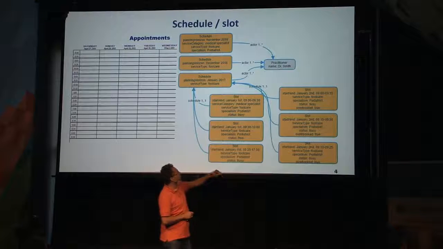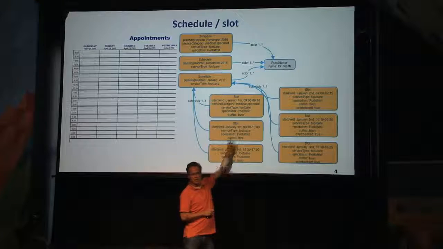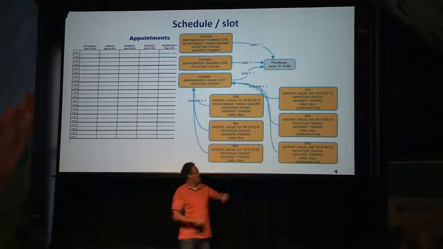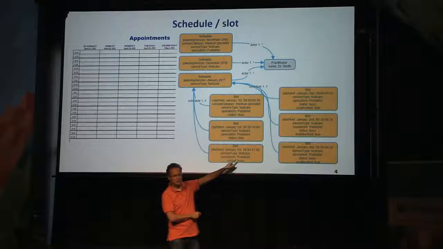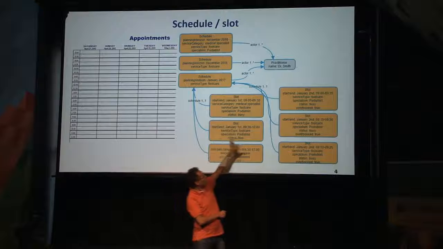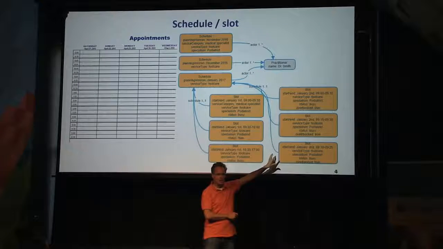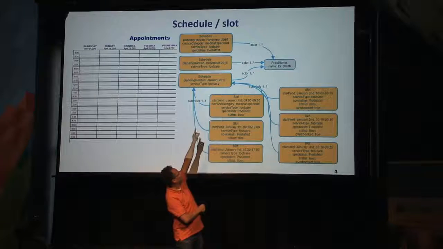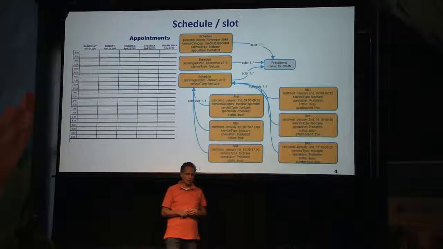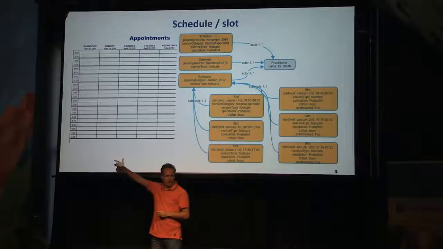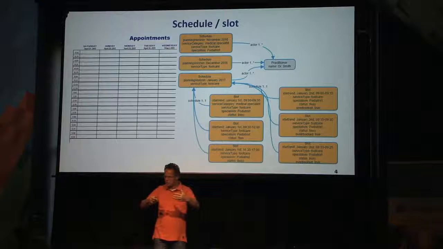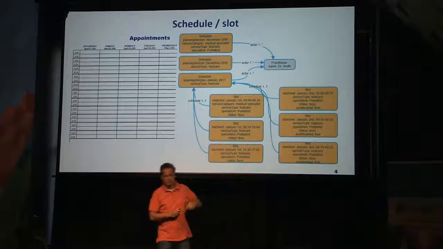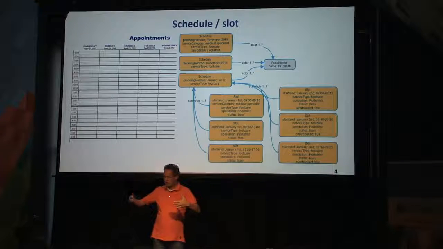And some of those slots are empty, free, as they are over there, and some of those time slots are busy, because something has been allocated to that time slot. So we have a whole bunch of slot resources that are referencing the schedule to which they belong. The cells in our agenda, basically. So we have a schedule associated with a resource, in this case Dr. Smith, and the schedule has lots of slots.